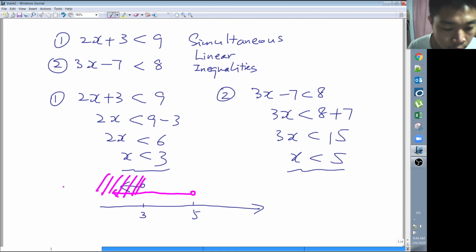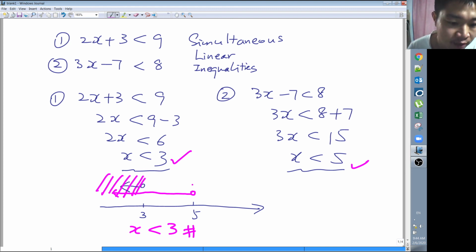Okay, so because of this overlap portion, the answer is x is smaller than 3. So this is the final answer. So when you have two answers, what you need to do is represent these two answers on a number line.